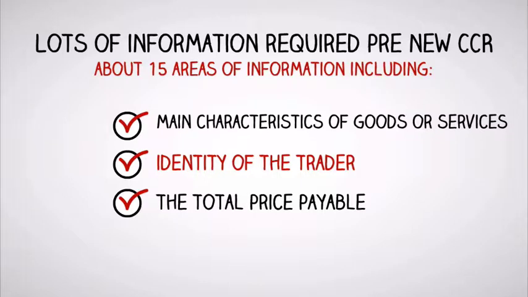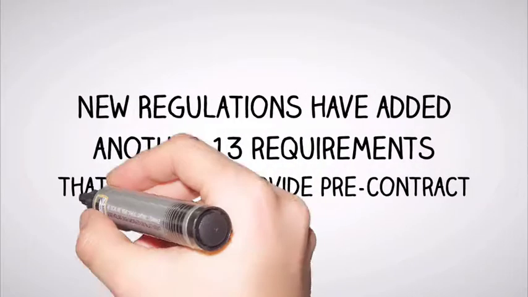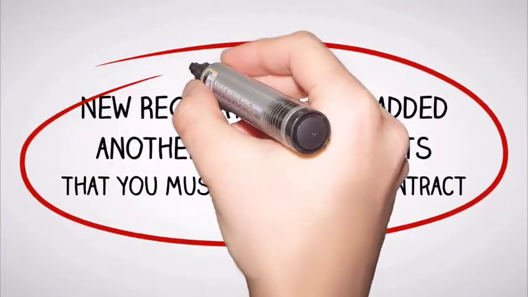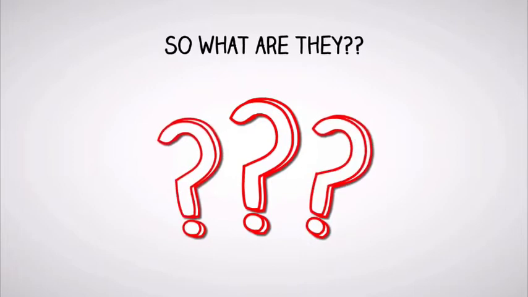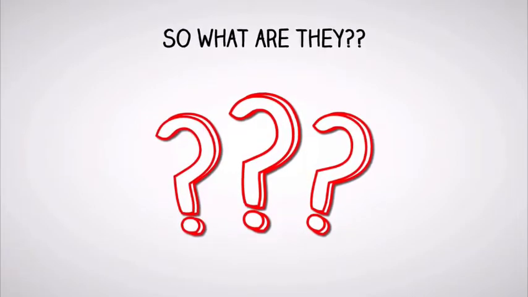And you should already have those 15 or so areas of information requirements already contained in your existing terms of business. However, the new regulations have added another 13 requirements that you must provide to the customer. So what are those additional information requirements?